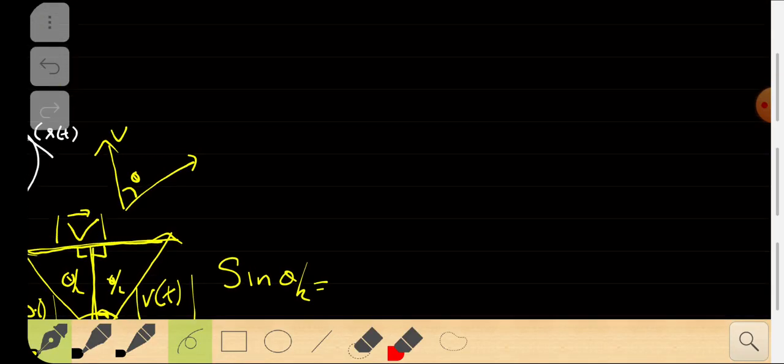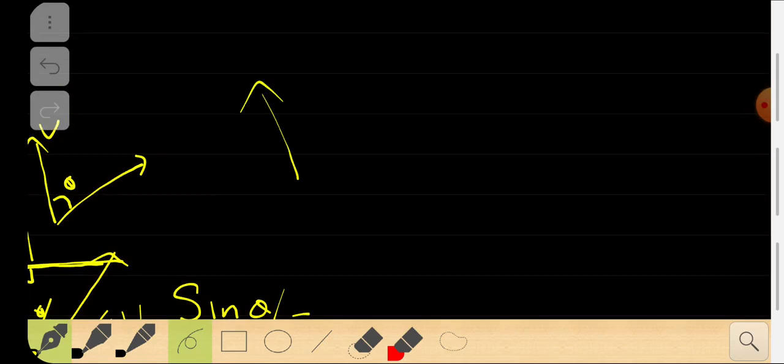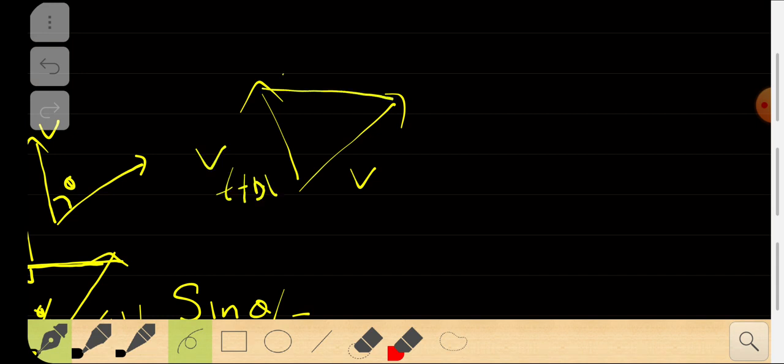If v is like this and v at t plus delta t is like that, the difference between the two vectors will be this resultant vector. The resultant vector will be delta v.